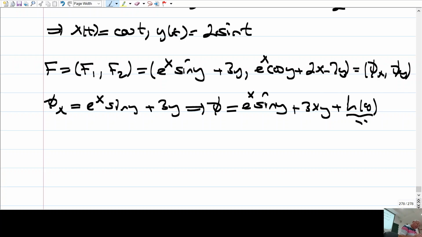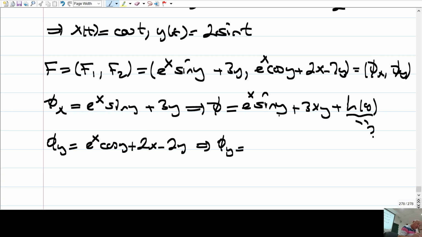What is this h? Well, we have to determine it using the second coordinate. Phi sub y should be e to the power x cosine y plus 2x minus 2y. So phi sub y is what? When you take the derivative of this with respect to y, you get e to the power x cosine y plus 3x plus h prime of y.